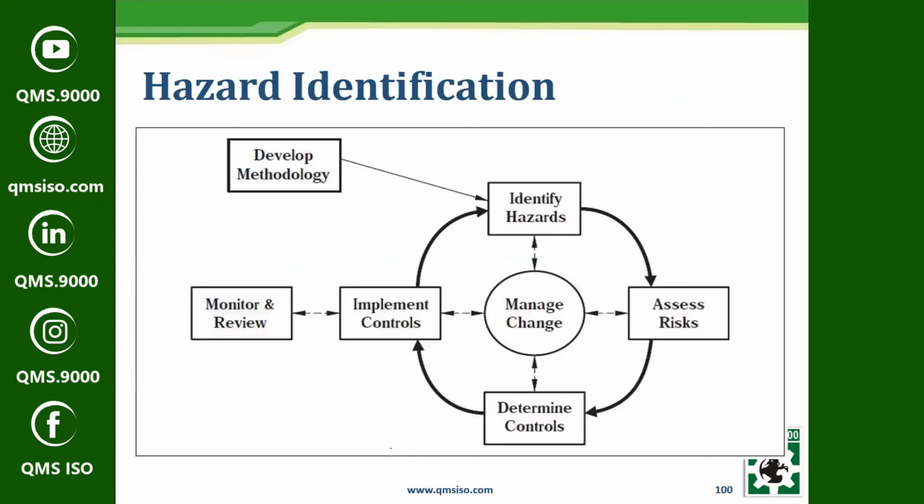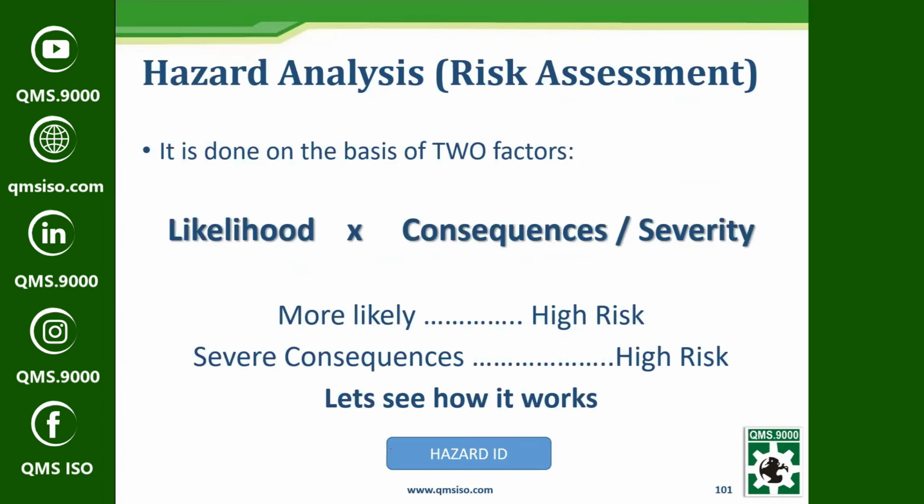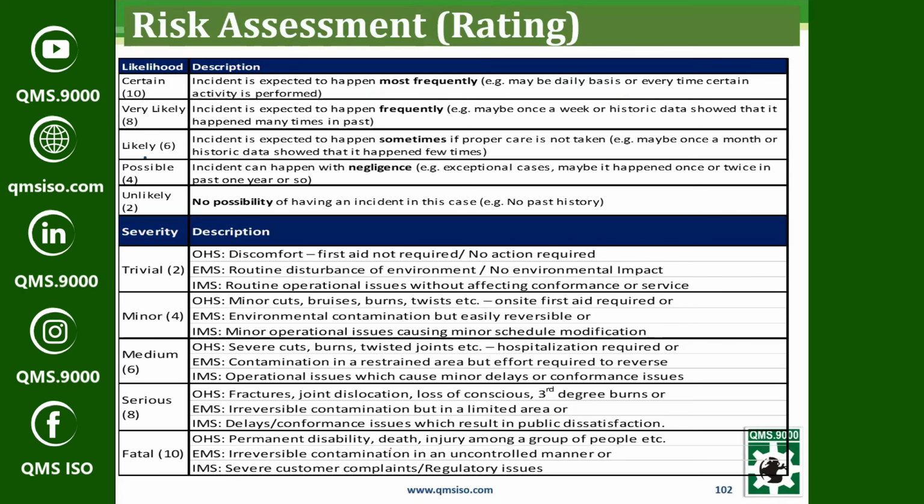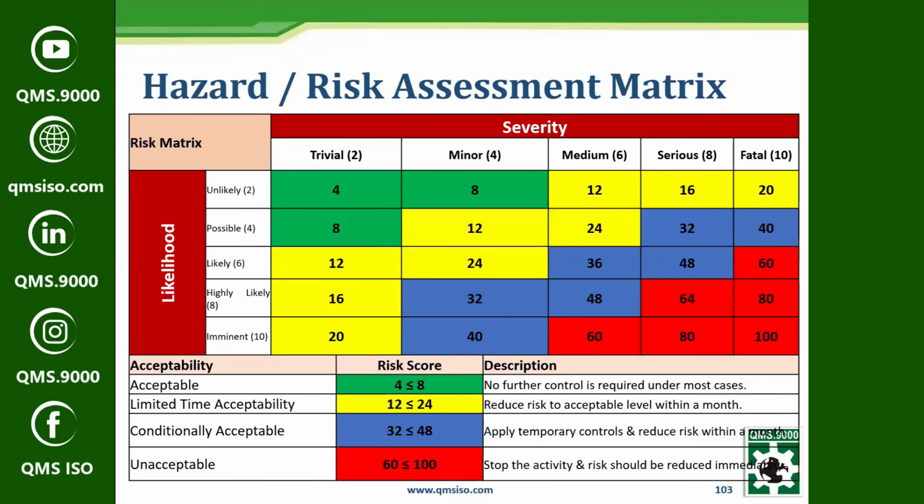You need to develop the methodology, identify the hazard, and so again, this is the formula, chances of occurrence and severity of consequences. And again, this is the risk methodology. You need to go through it to understand, right? And that's how this is the risk matrix, chances of occurrence, and severity.